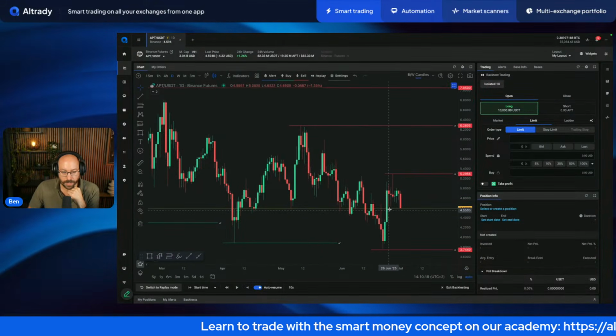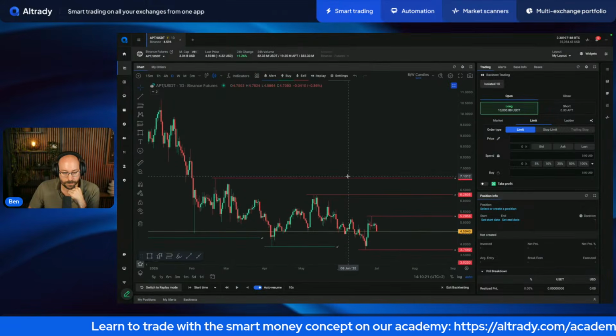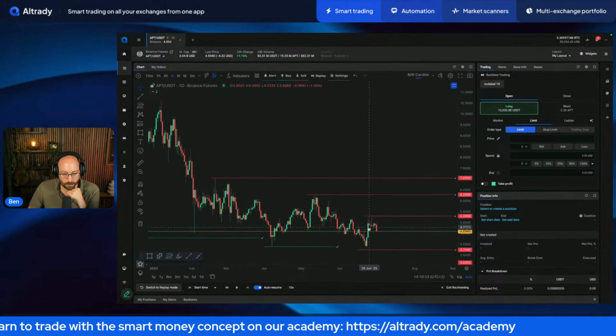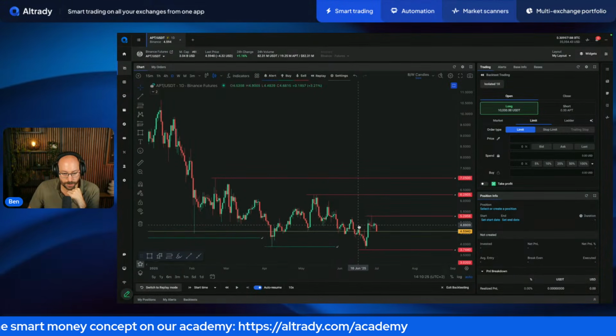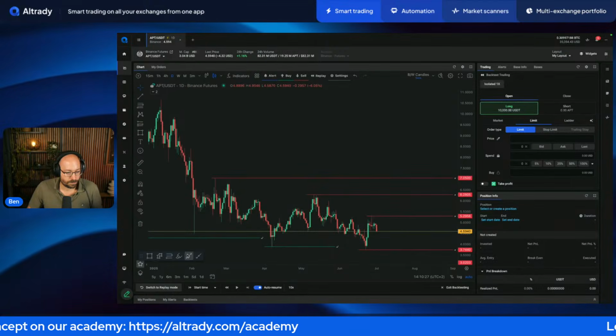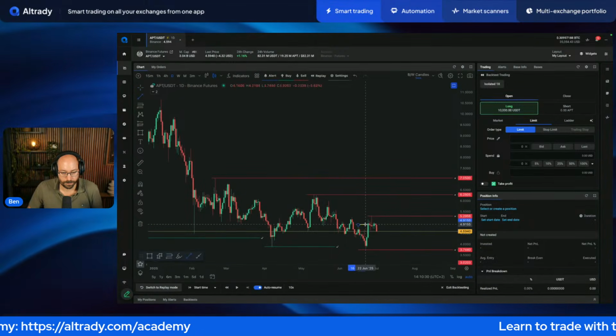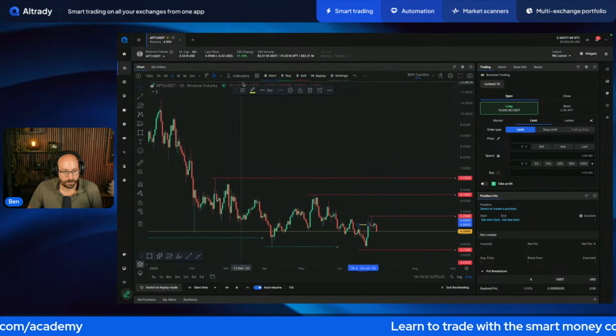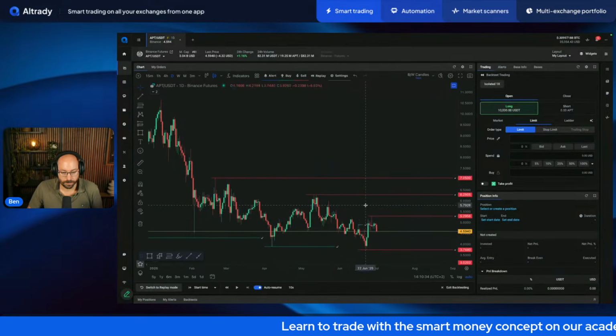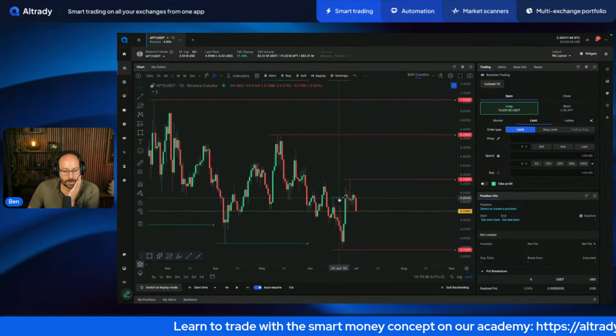Daily, nice fair value gap right here. I see a shift on the daily as well. So this shift happened.